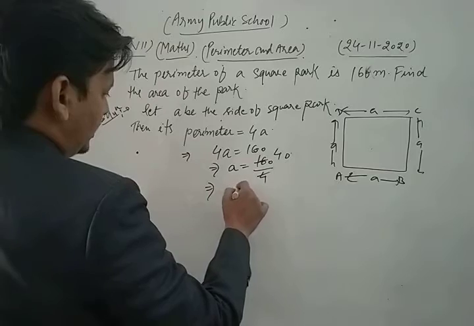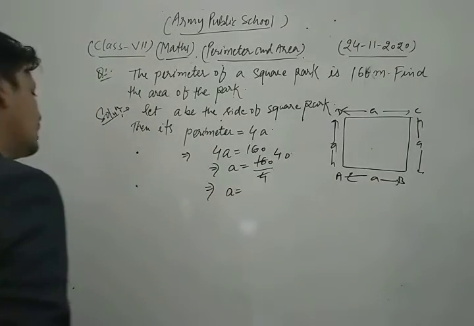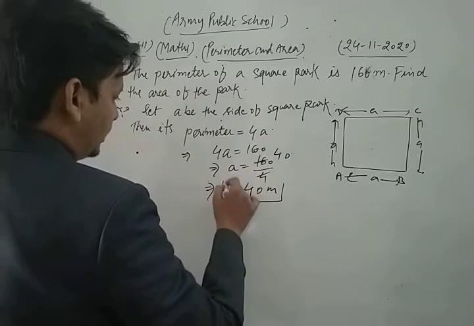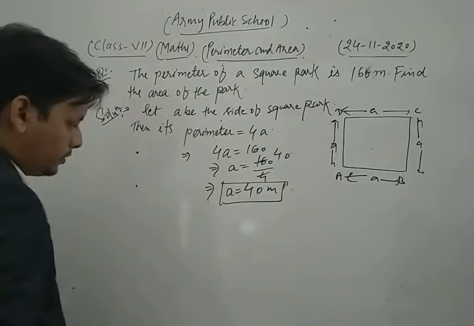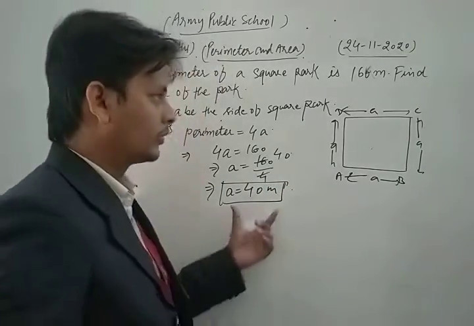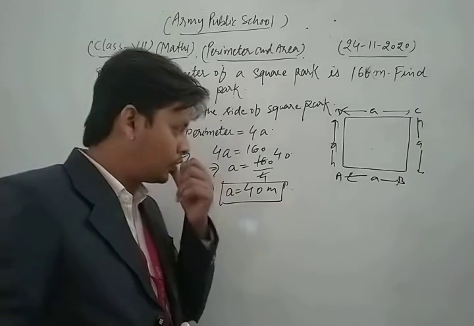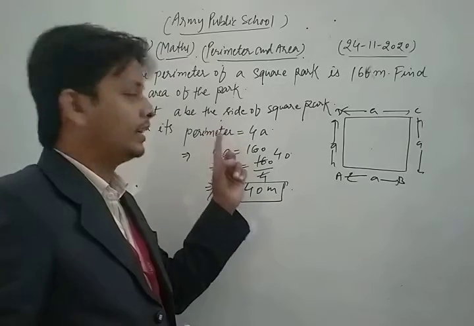Thus the side of the square is 40 meter. Okay, 40 meter is the side of the square park, each side of the square park. Now we find its area.